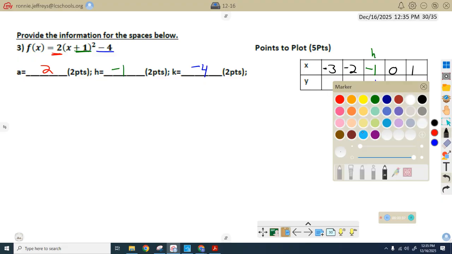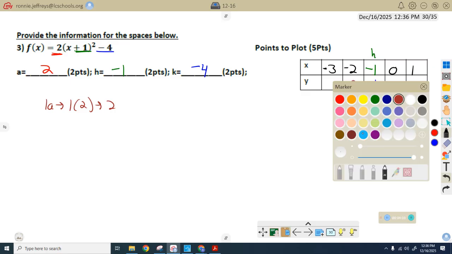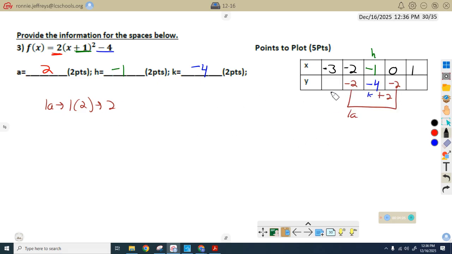Now, this is where people were having some issues. This right here, this is 1A. Well, 1A is 1 times 2, which is 2. So I'm actually going to add that right here. So -4 plus 2 is -2. And then these two are 3A.